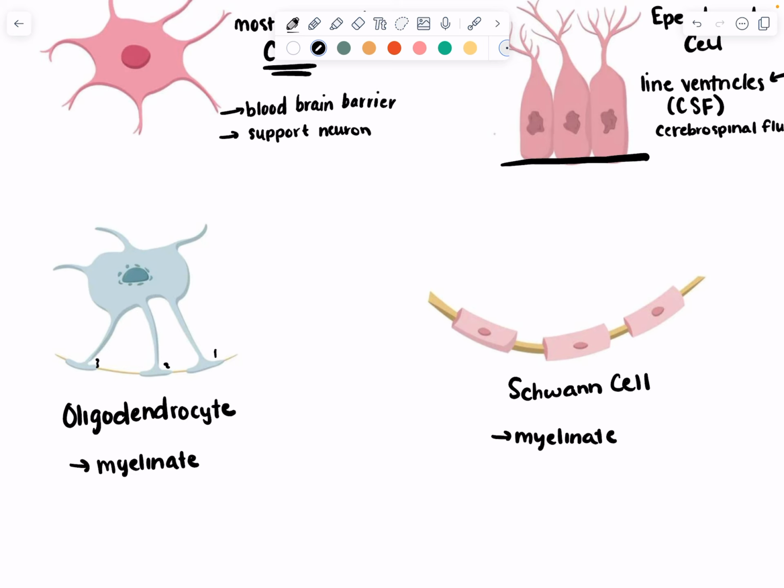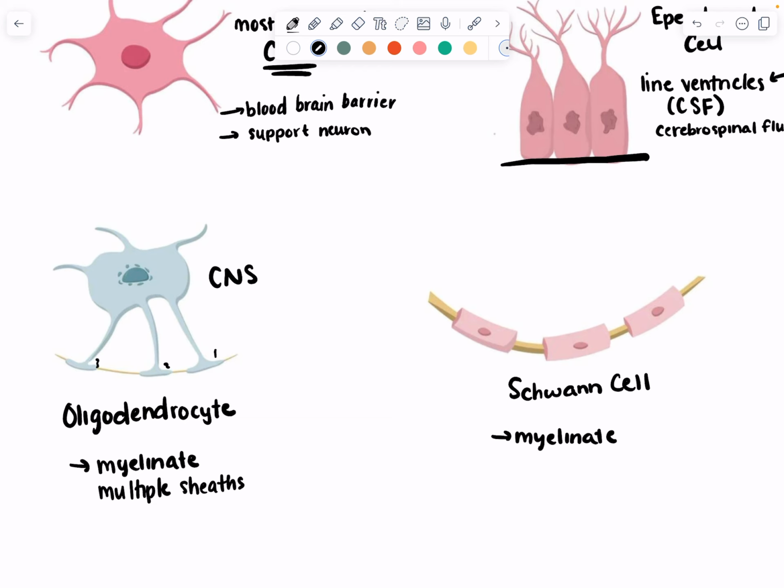So it can make up to 8 of its own myelin sheaths. So it could even myelinate multiple neurons at a time. So it's creating multiple myelin sheaths. This occurs in my central nervous system.